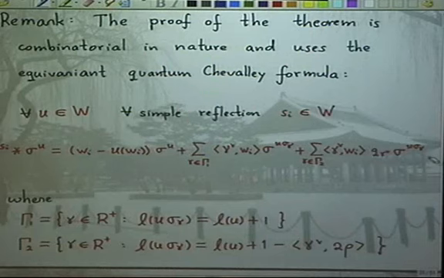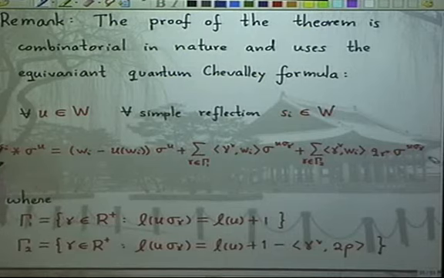So let me just say a few words about the proof, which uses mostly combinatoric methods. What we really use, among other things, is the Chevalley formula, which plays a pretty important role here. It says that the quantum product is determined if one factor is very simple.